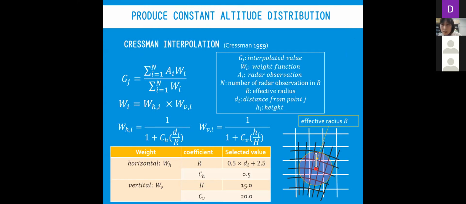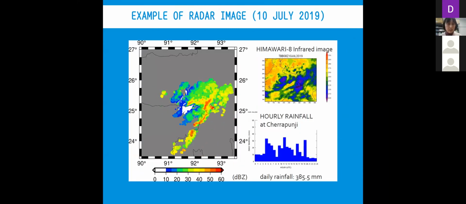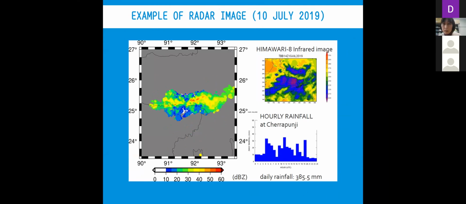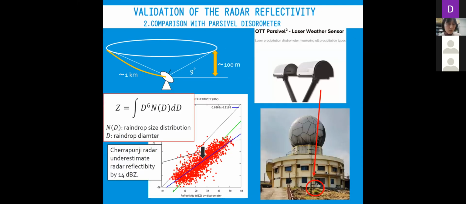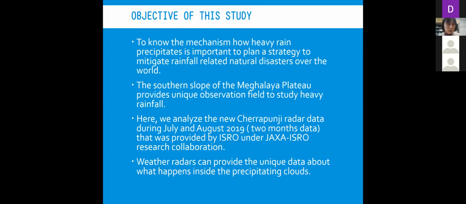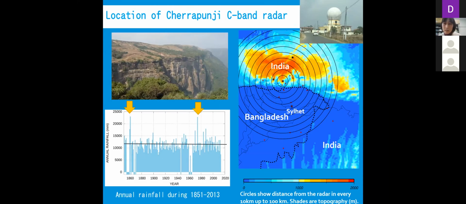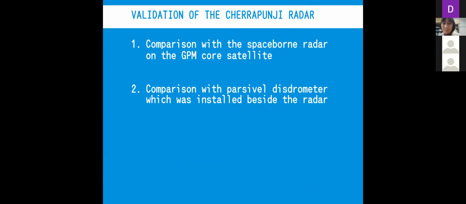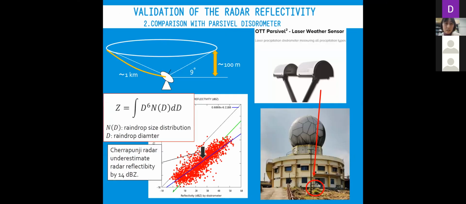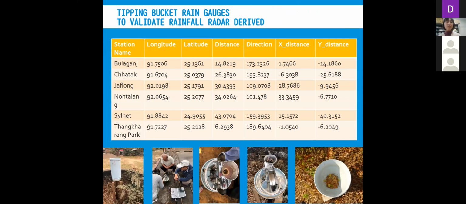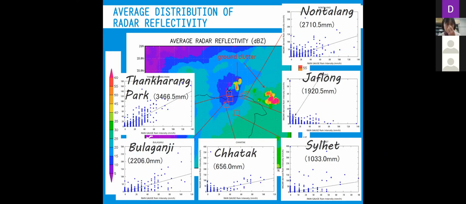Seasonal average. The first slide. The Silet, Chatok, different values you had shown. Okay. This one? Yeah, this one. So this is not the seasonal average.